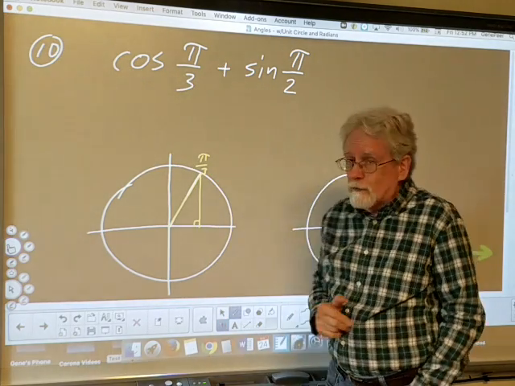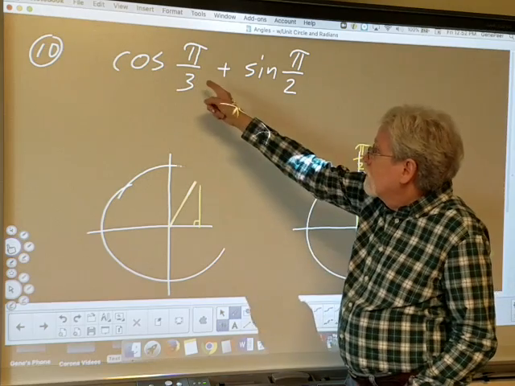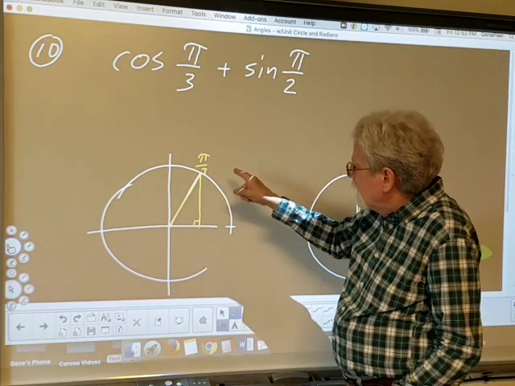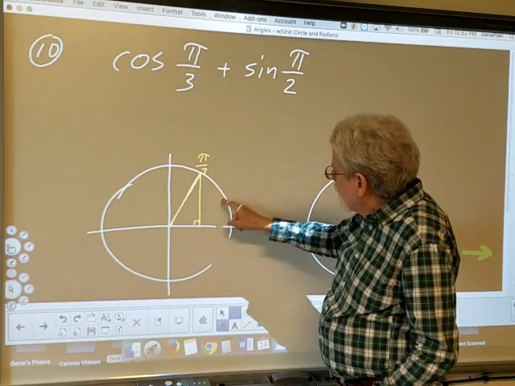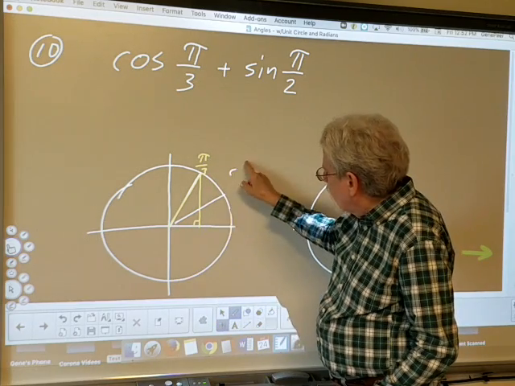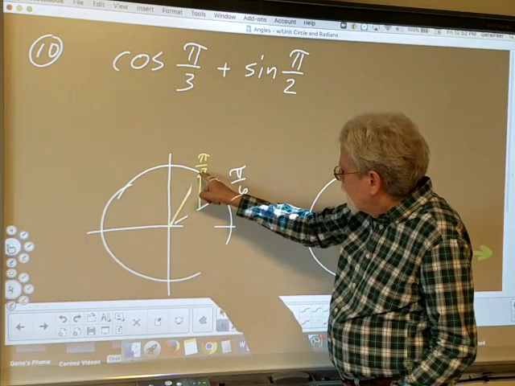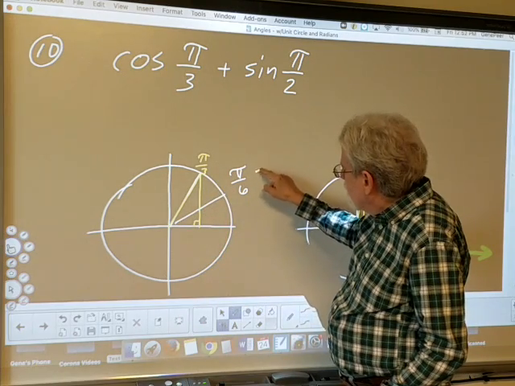Where are these angles? Pi over 3, hopefully you remember, there's a trick to remember where pi over 3 is. Pi over 3 goes there, while pi over 6 goes here. This is 30 degrees, this is 60 degrees. Remember the trick?